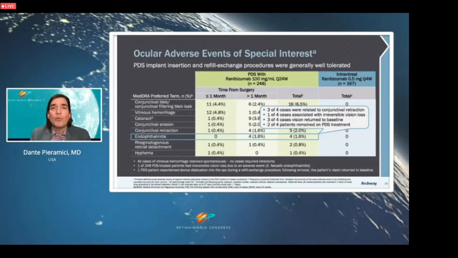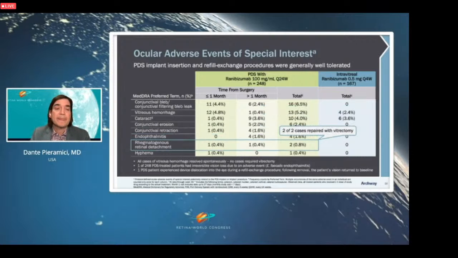Endophthalmitis, certainly one of the more worrisome complications, occurred in 4 patients, about over 1% of the cases. 3 of these cases were related to conjunctival retraction. One of the cases was associated with irreversible visual loss, but in 3 of the cases, the vision returned to baseline, and 2 of the patients have actually stayed in the study and are continuing to get refills of the implant.